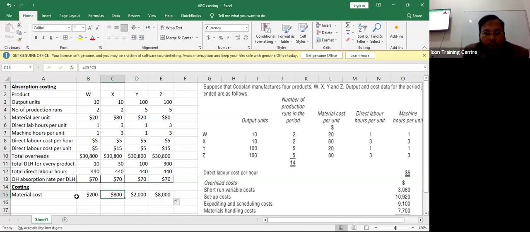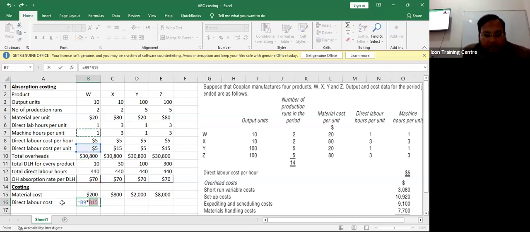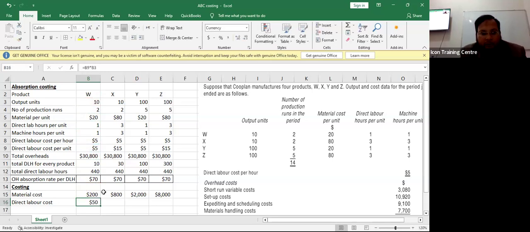Then we have direct labor cost. We pay $5 per unit multiplied by the units we are producing, 10. So it will give us 50, 150, 500 and 1500, right?